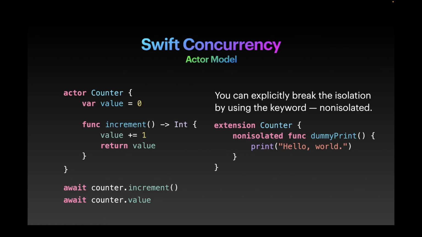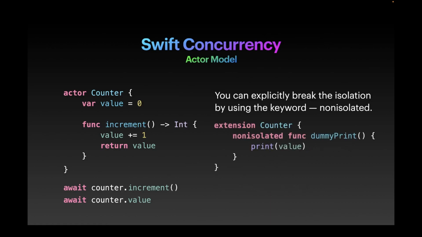In that case, it's totally safe for the caller to call this one in a non-isolated way, which means calling this function without explicitly using the await keyword. So I can use this keyword nonisolated. By doing so, when I call this function, it just says counter.dummyPrint. You can see there's no more await keyword before that.